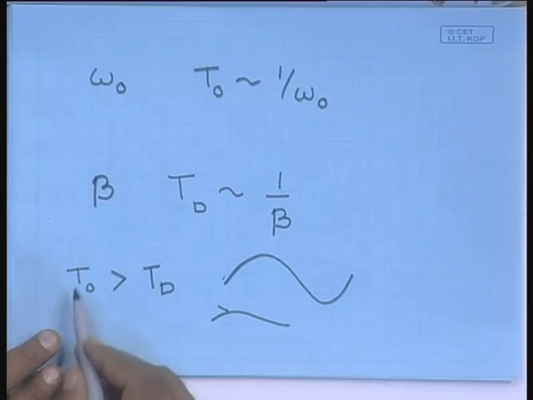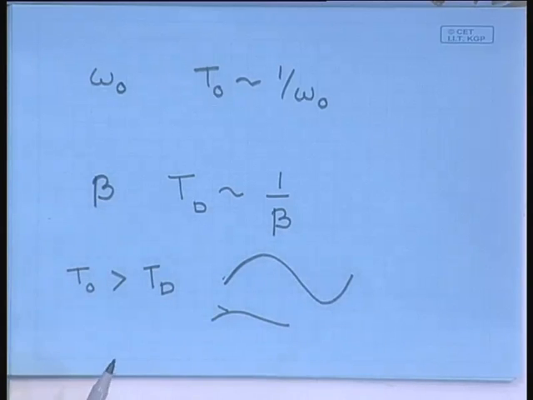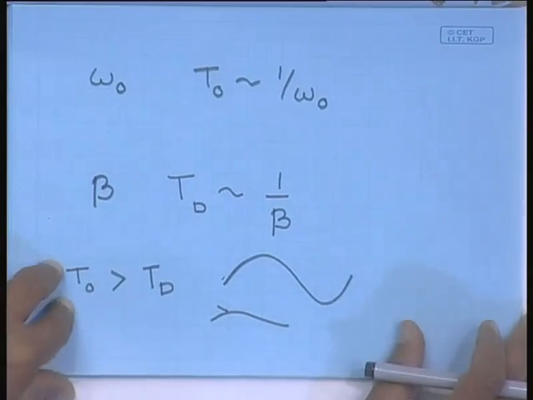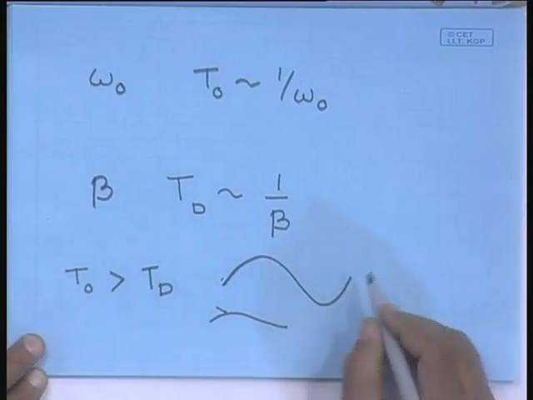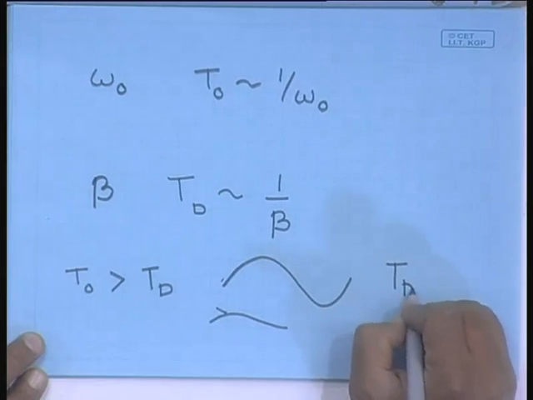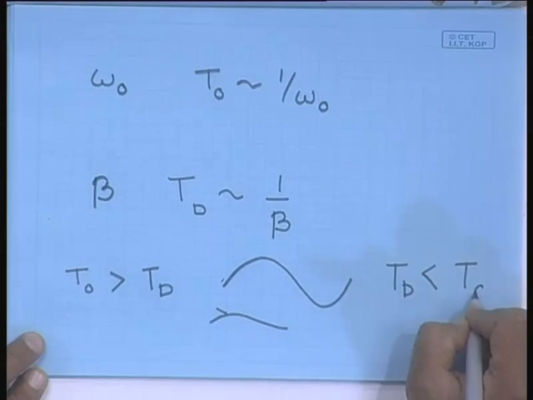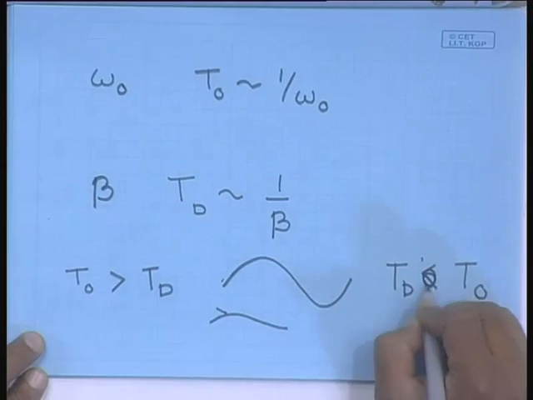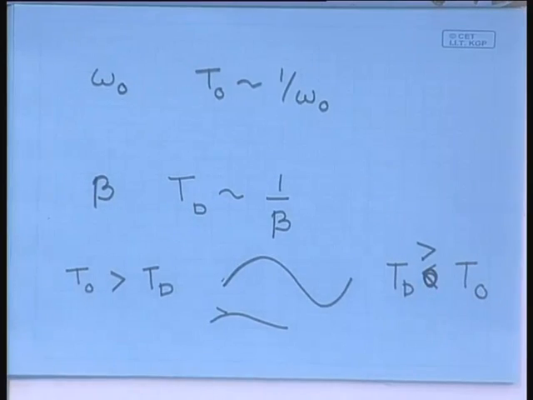So, if the time period for the oscillations is larger than the time scale over which the decay occurs, the decay will occur first and you will not see the oscillations. Whereas, if the time period for the decay is larger than the time period of the oscillation, so the decay occurs slower, the oscillations occur faster, then you have underdamped oscillations, and you will see the oscillations which are slowly damped away due to the damping over here.